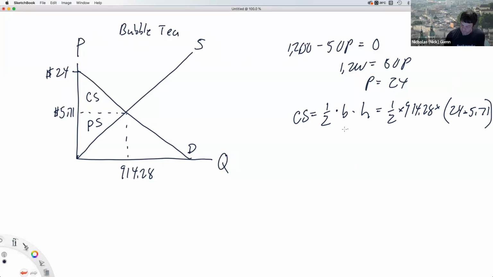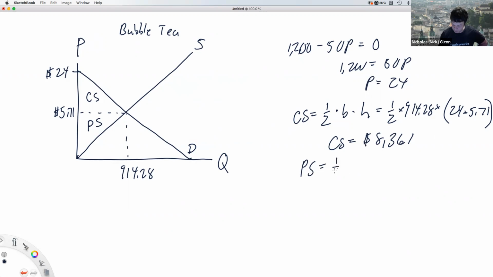So what will that give us? When we multiply that out, 1/2 times 914.28 times 18.29, multiply all that out, you'll get a surplus of $8,361.